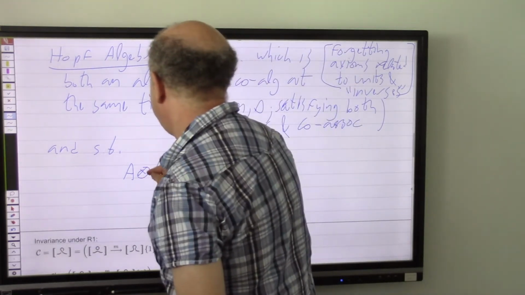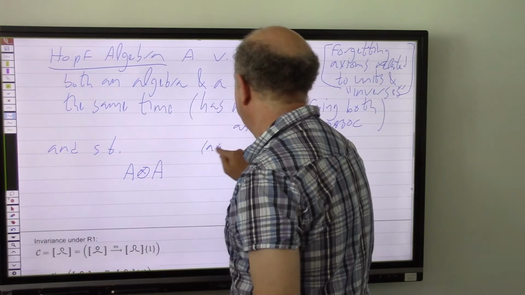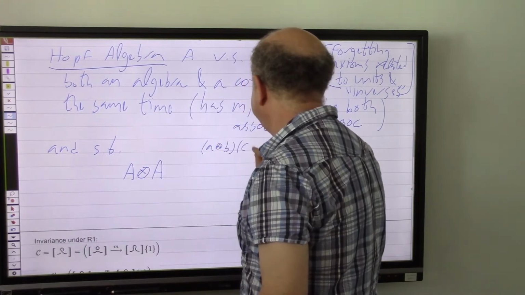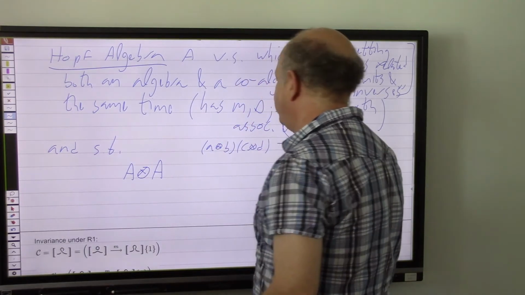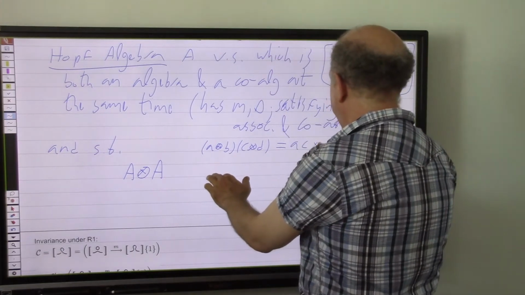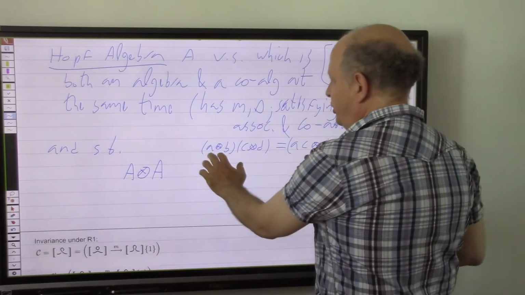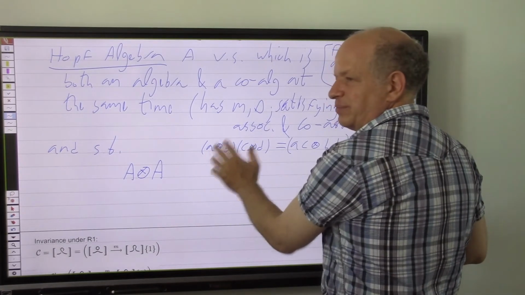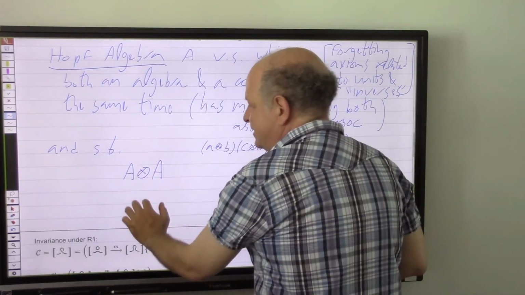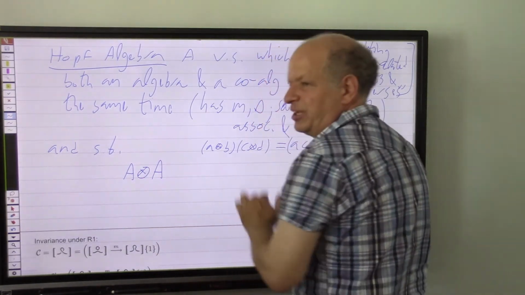Namely, in A tensor A, if you want to multiply A tensor B with C tensor D, you declare it to be AC tensor BD. You basically multiply component by component. So if A is an algebra, then A tensor A is also an algebra.